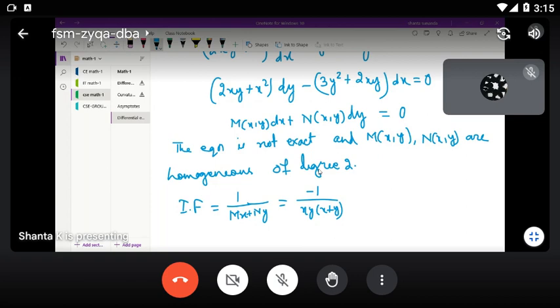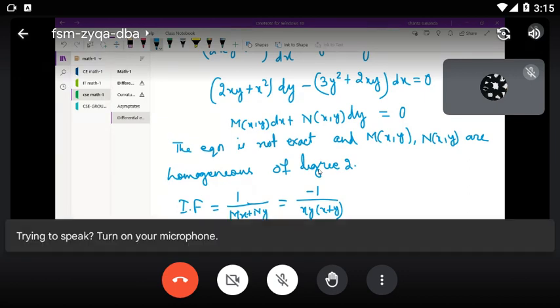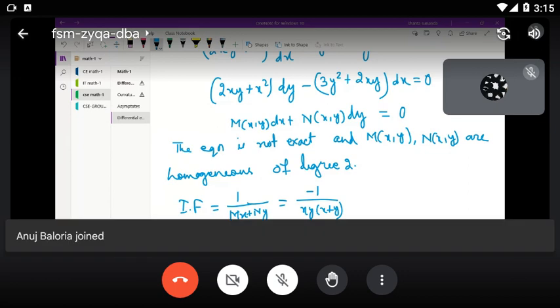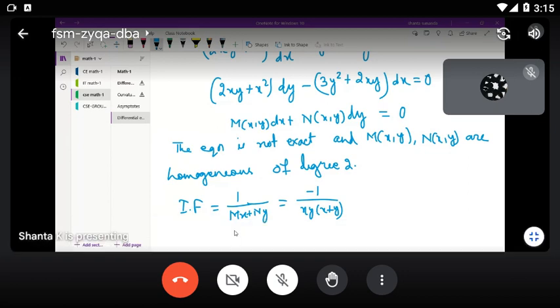Okay, let's see. So now we will multiply the integrating factor with this equation. If you multiply it, what are we getting? 2xy plus x square dy.